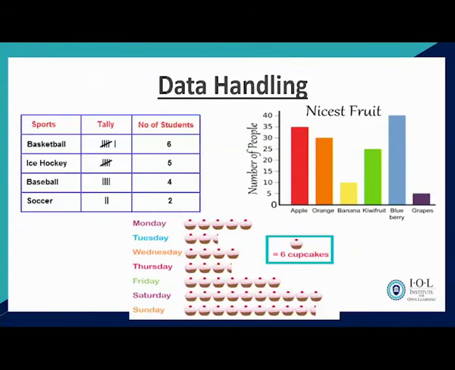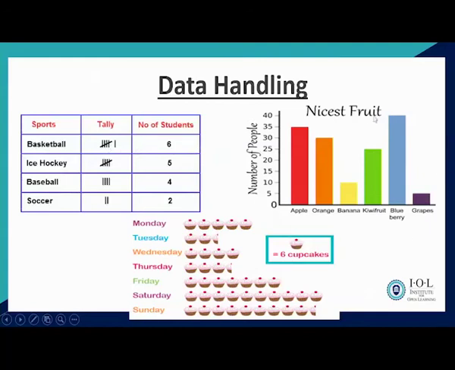All right, data handling. When it comes to data handling, please, first of all, make sure that you check whether it has a key. This is a tally chart. A tally chart has 1, 2, 3, 4, and then the fifth one is when I draw a line through those 4, it's 5, 6, as you can see there.